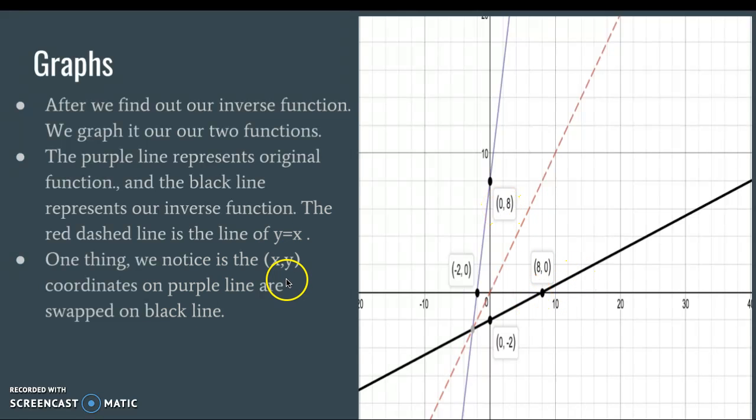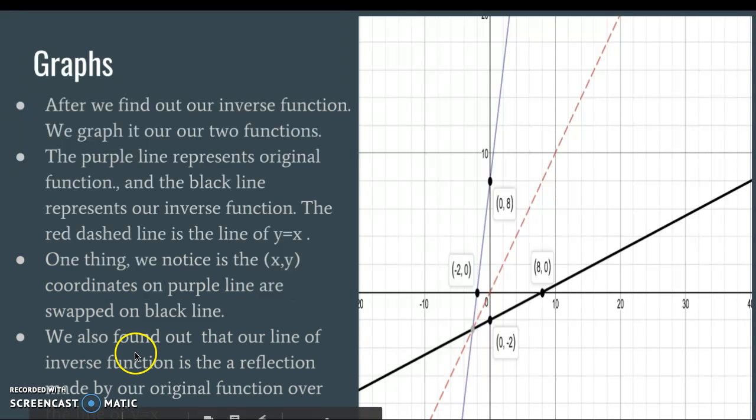Another thing we'll notice is that the inverse function is a reflection of our original function over the line y equals x. See, it's just a reflection.